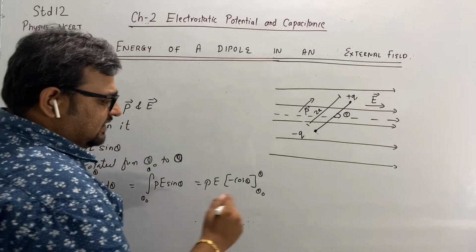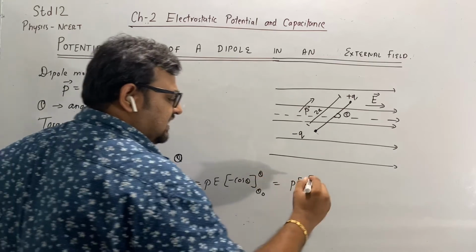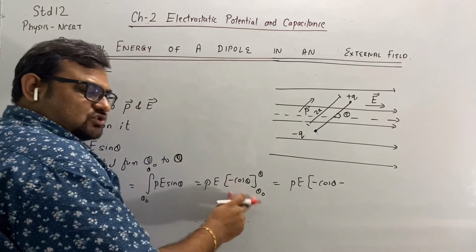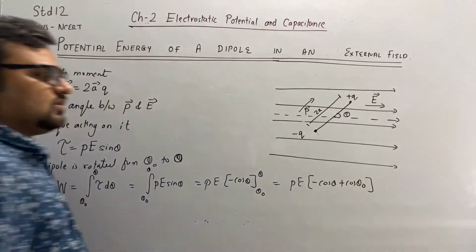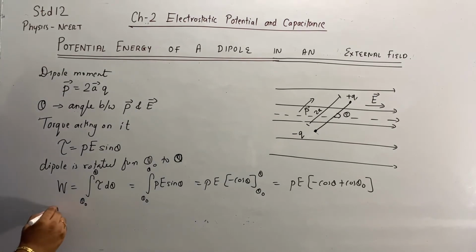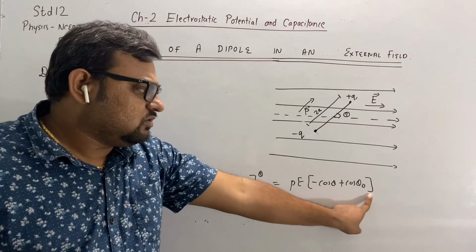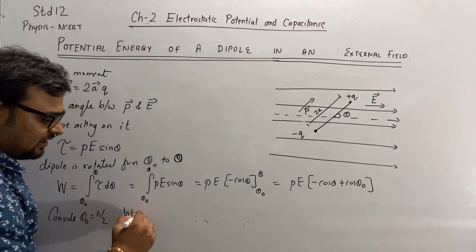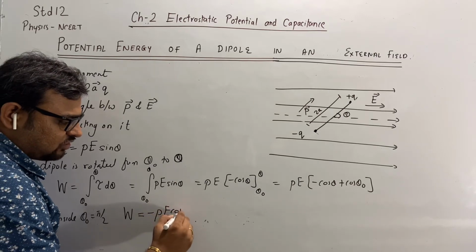So this will be equal to PE. First I put theta: minus cos theta, and minus cos theta 0 will be plus cos theta 0. Clear? If I consider theta 0 equal to pi by 2, then cos pi by 2 is 0. In that case, the work done will be equal to minus PE cos theta.